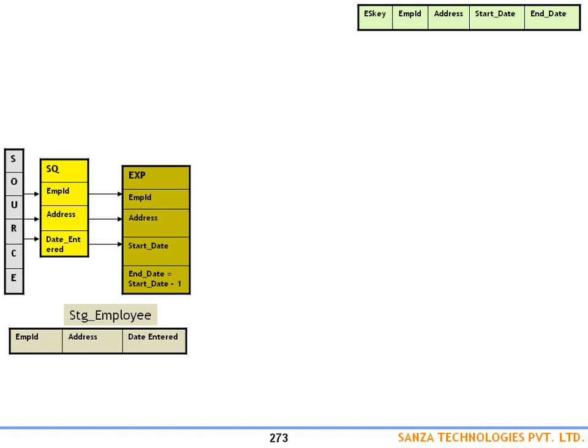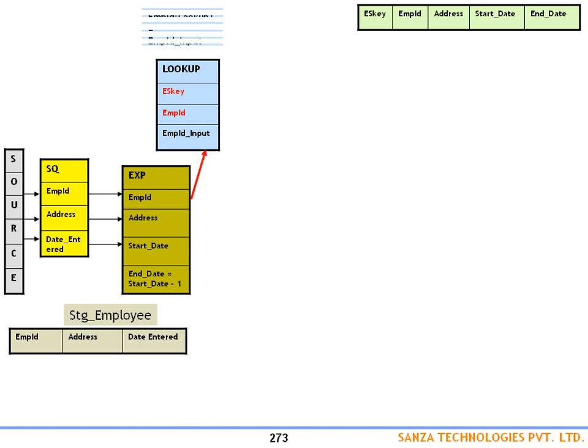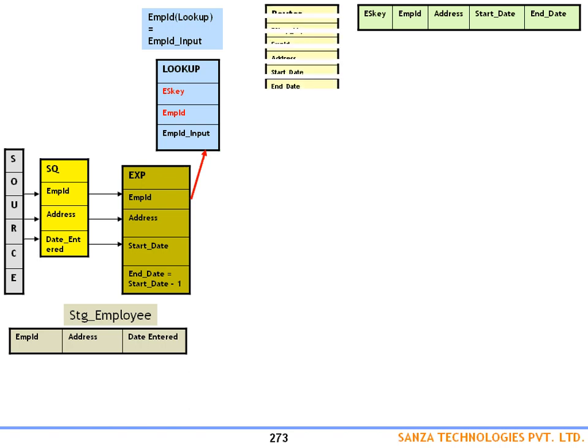When you load the data, what we are doing is, date entered is nothing but a start date for us. Then we calculate end date, that is start date minus 1. Then do a lookup on employee ID coming from my staging table, with the condition on employee ID.